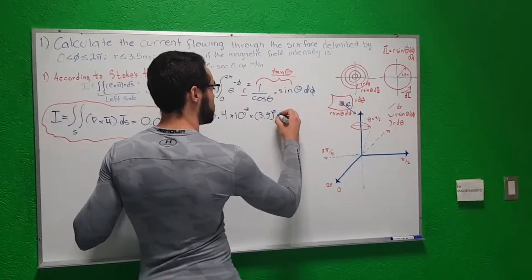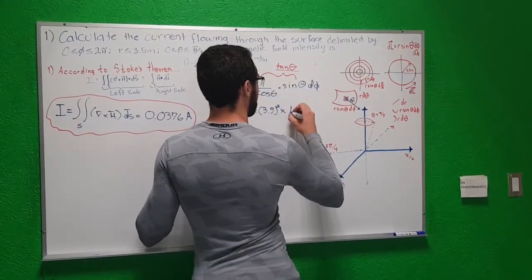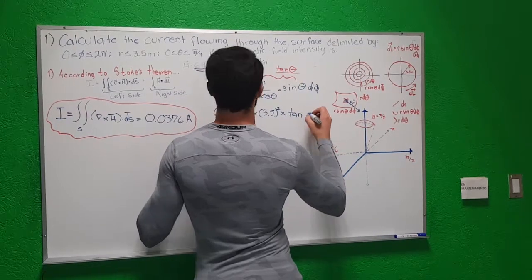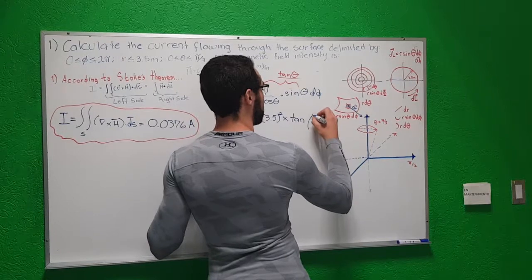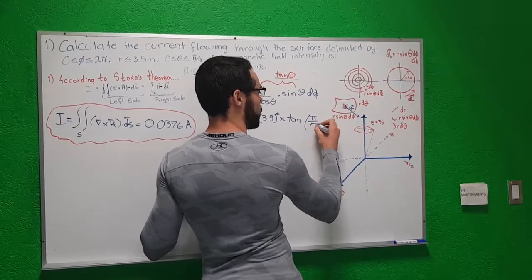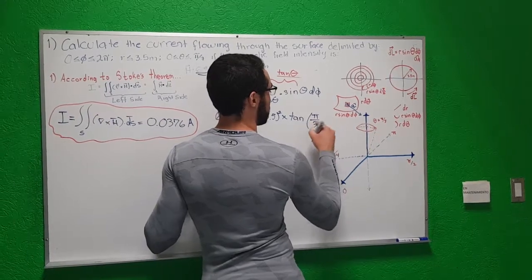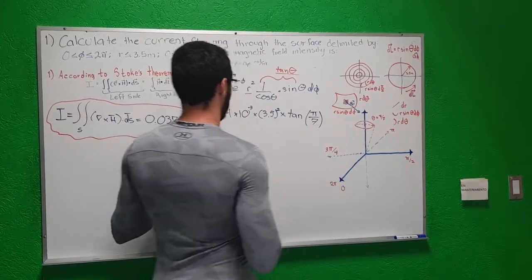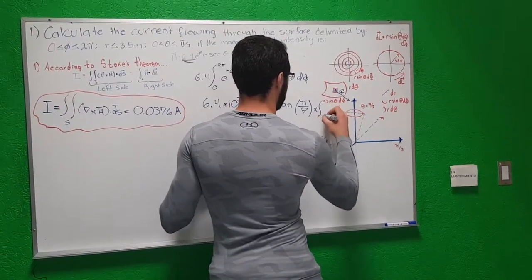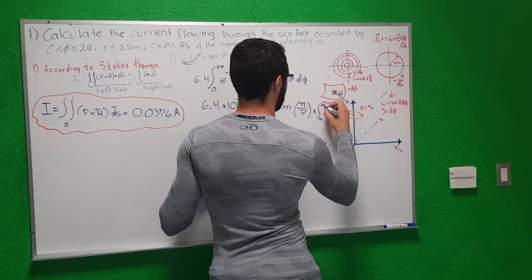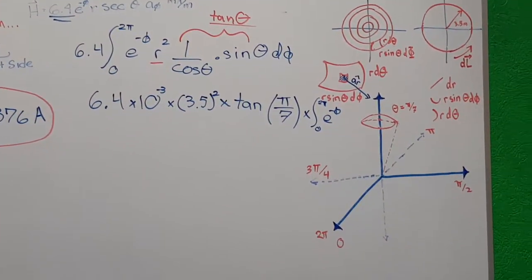This is going to be tangent, and tangent of what? Of theta, of this, right? Yeah. Multiplying by the result of this integral. Am I right? Yeah.